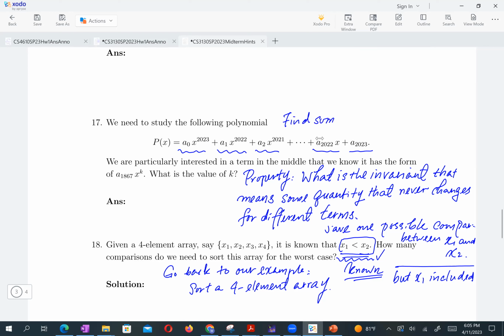Find some invariant that helps you keep track of all the terms.